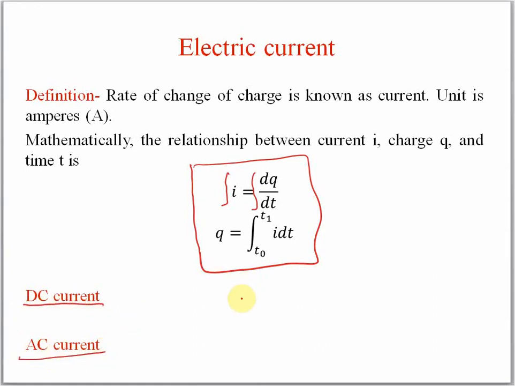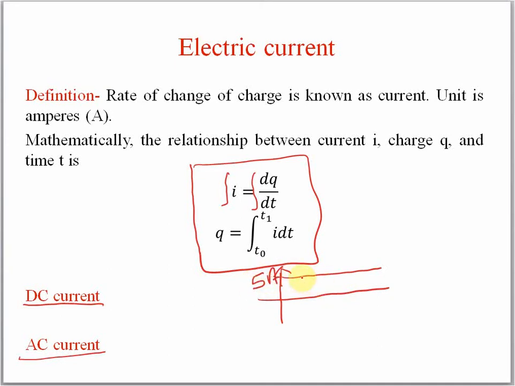DC current is that type of current which is constant throughout all time. Here suppose I have a current of magnitude 5 ampere.